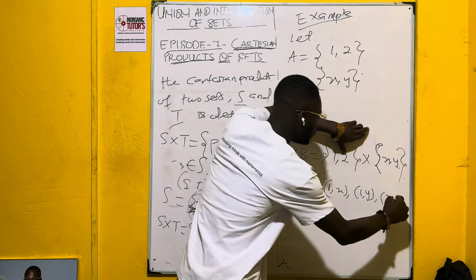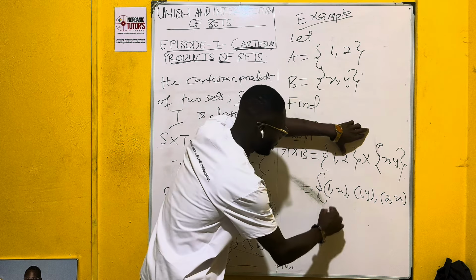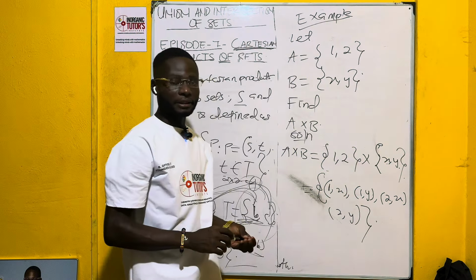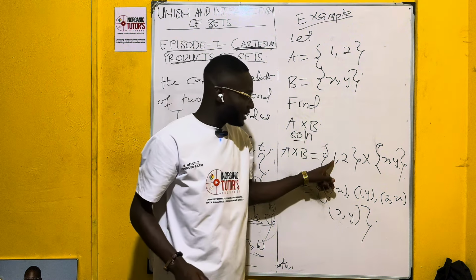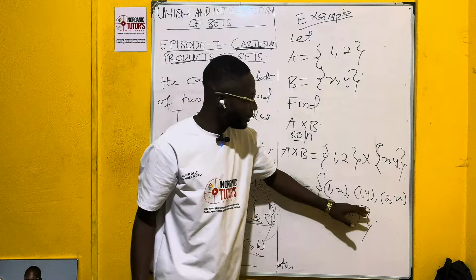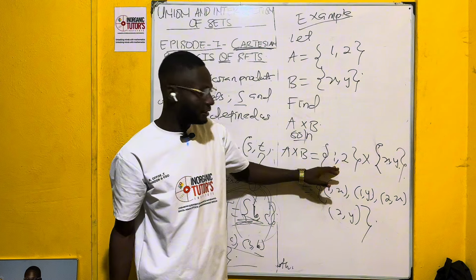You fix 2, you pair with X, you pair with Y, and that completes the pairing. So you fix it, pair with X, fix it, pair with Y. Then you are done with the elements in the first set.